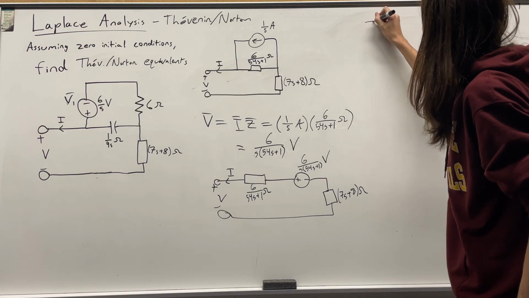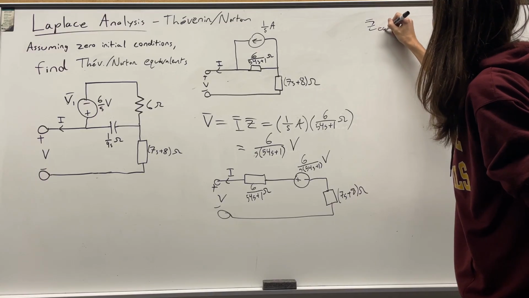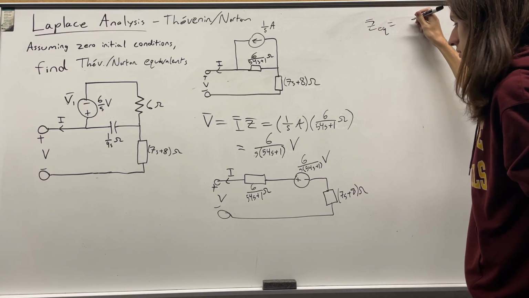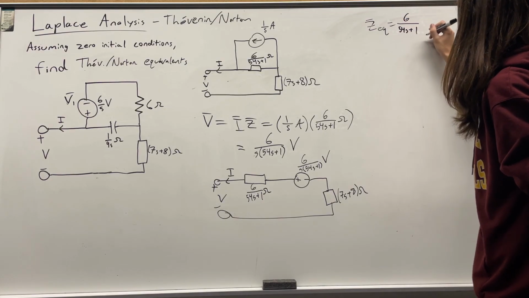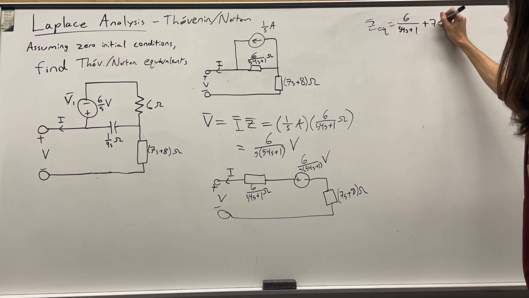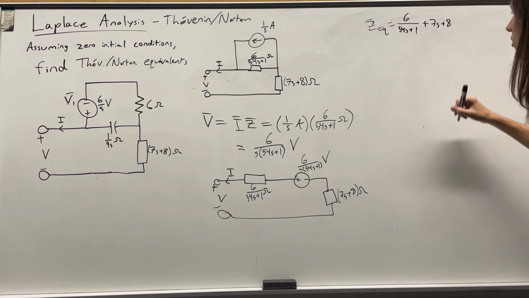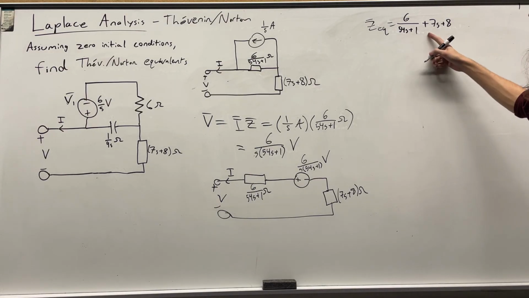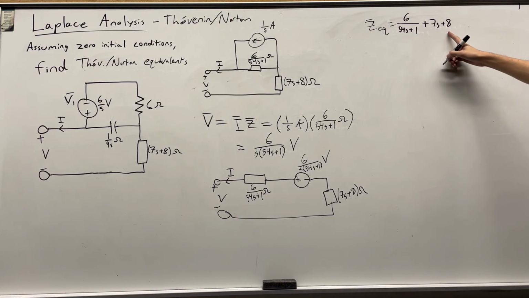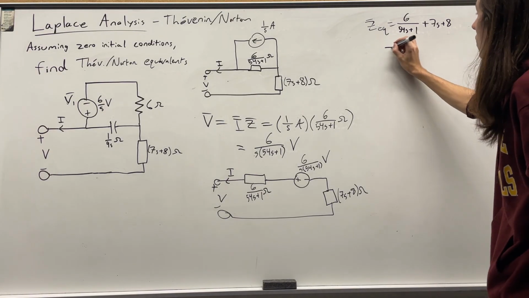So their combined impedance, Z equivalent, is just 6 over 54S plus 1 plus 7S plus 8. All of that's in ohms. So we need them to have the same denominator.